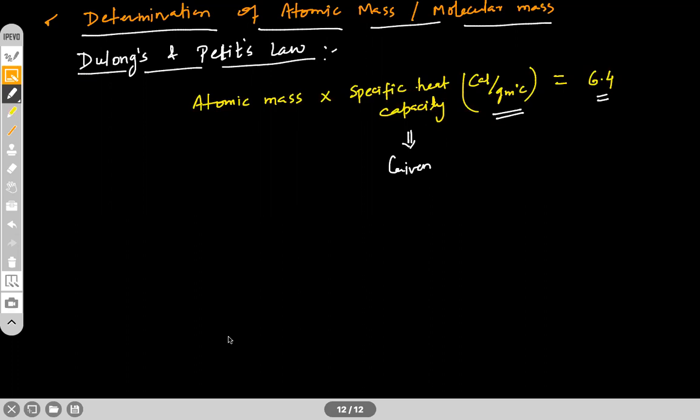So specific heat capacity is the amount of heat required to raise the temperature of a substance by 1 degree Celsius. This is the specific heat capacity. So nothing you need to know much over here. Just this relation, every other data will be given. You need to find out the atomic mass by this.